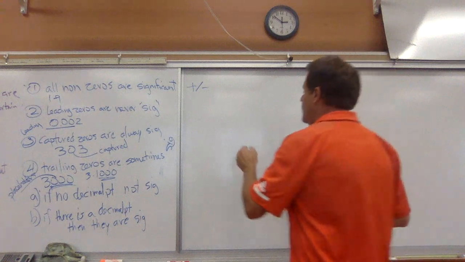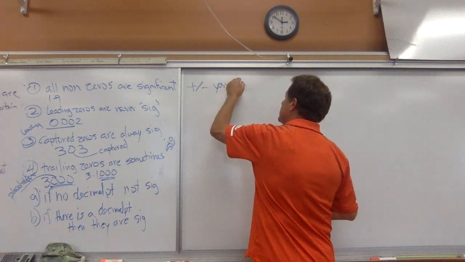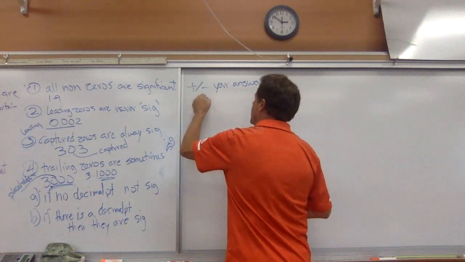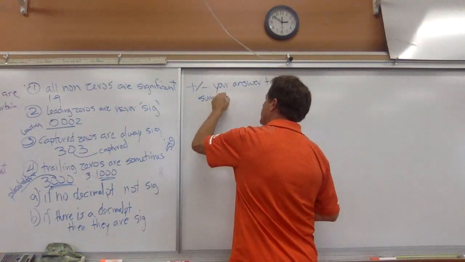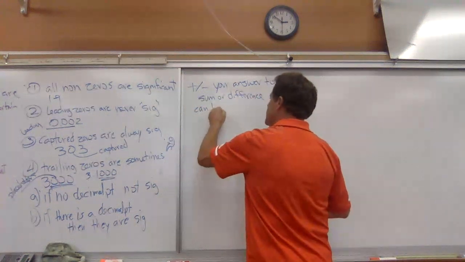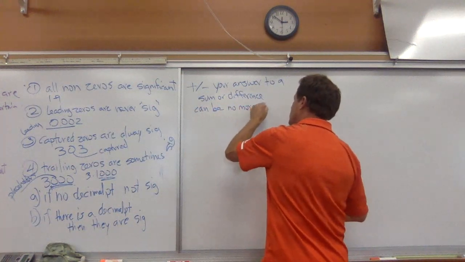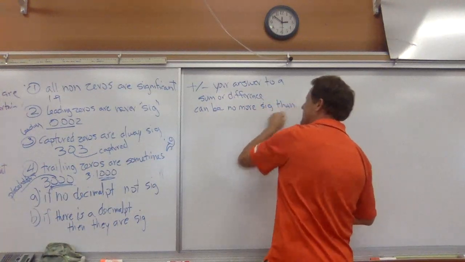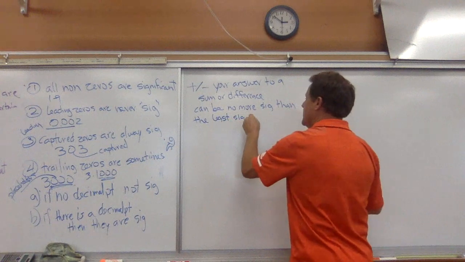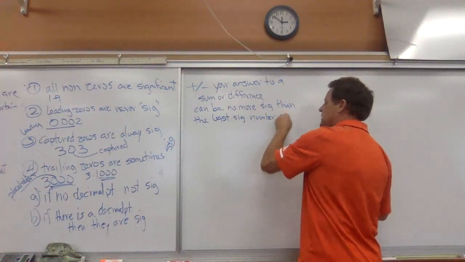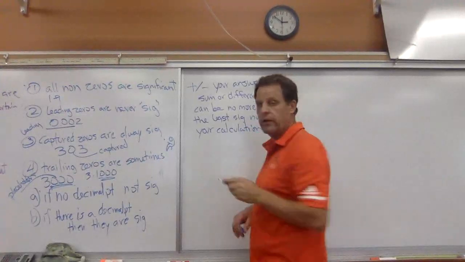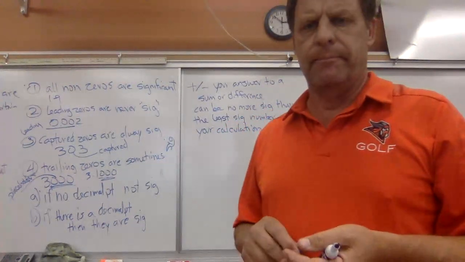When you're adding and subtracting, your answer to a sum or difference can be no more significant than the least significant number in your calculation. Okay, so what the heck does that mean?